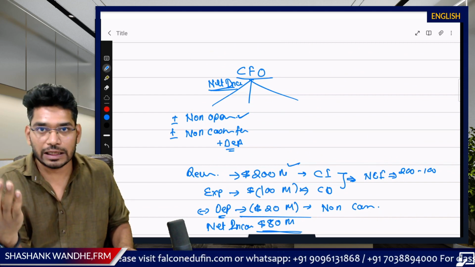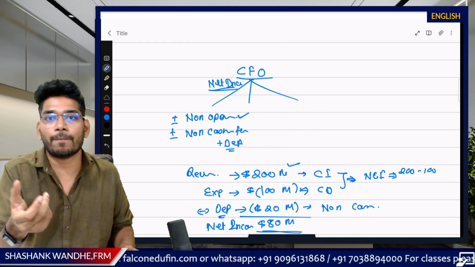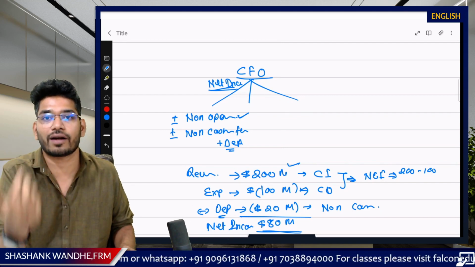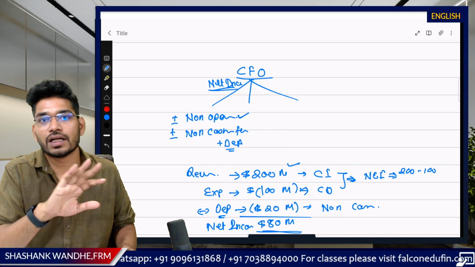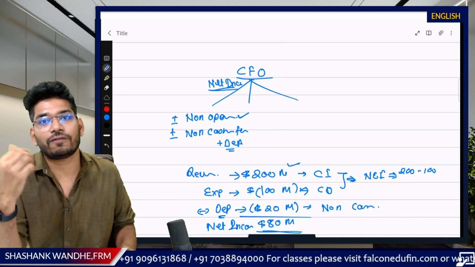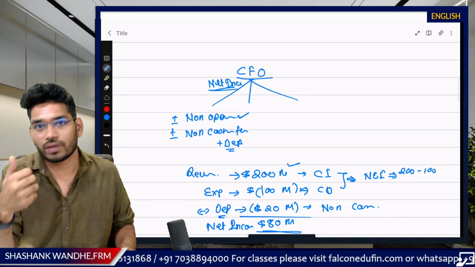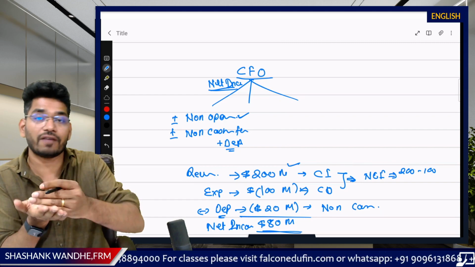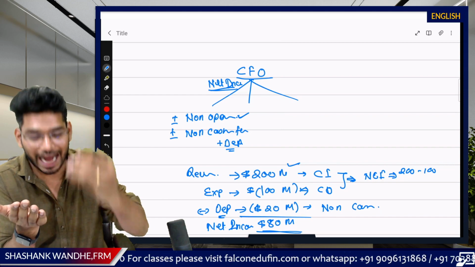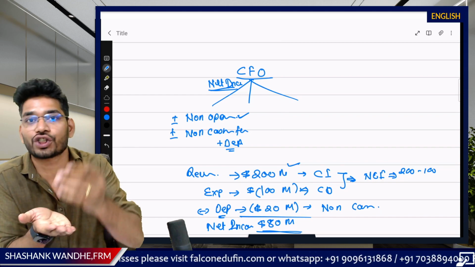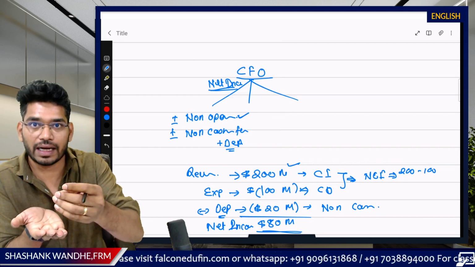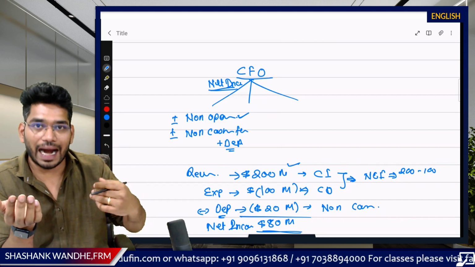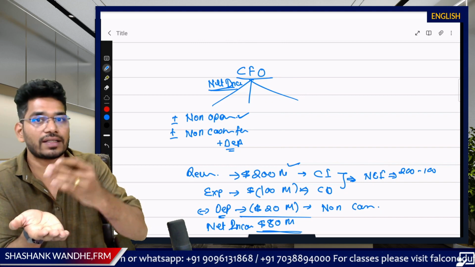Say in net income there is a component which was of non-operational nature. You sold a fixed asset and you generated revenue or cash flow from that. Now this will reflect in your net income, so we need to remove that part also. Because this is of non-operational nature, whenever you are adding or removing any non-operational item from the net income to arrive at a CFO, remember it will get reflected or adjusted in either CFF or CFI.